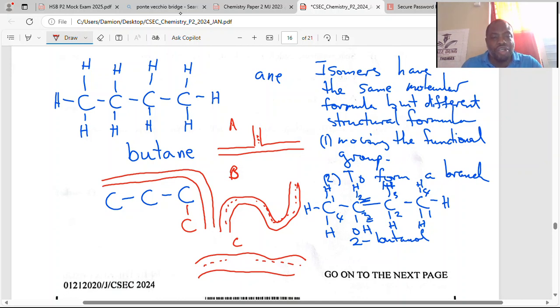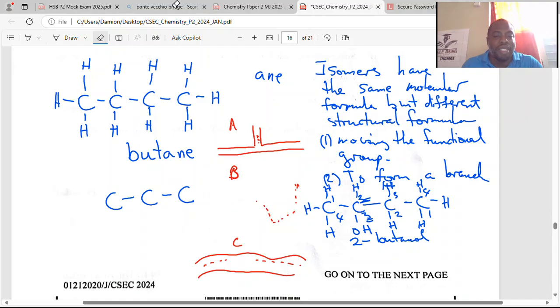You're not creating an isomer if you place the carbon on the 2 end carbons. I can't put it here because I'm still going to get butane.